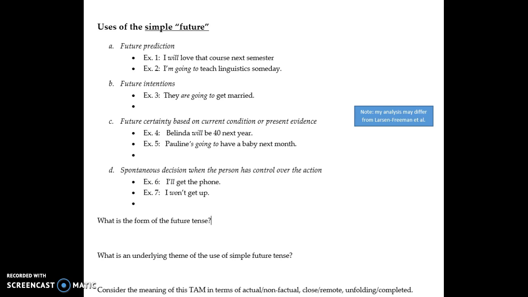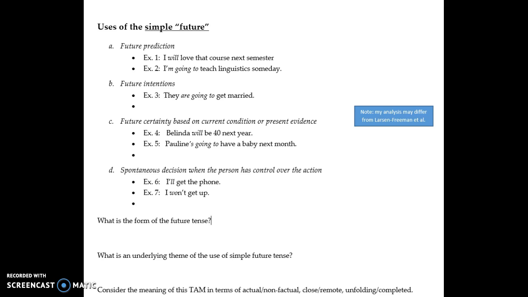So we use the simple future for future predictions and future intentions. Those are kind of close. I would separate them a little bit, mostly just by the ability or control of the event.